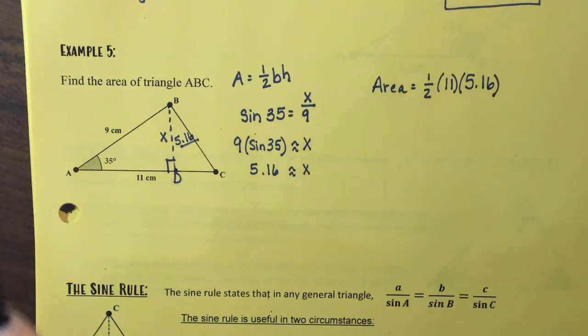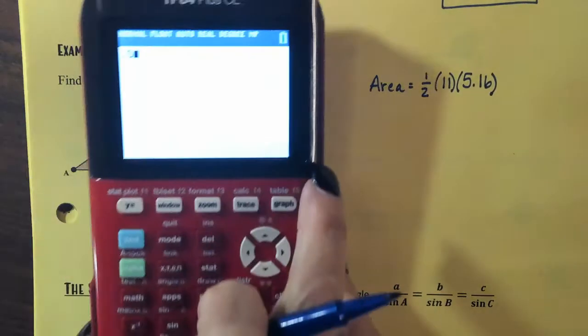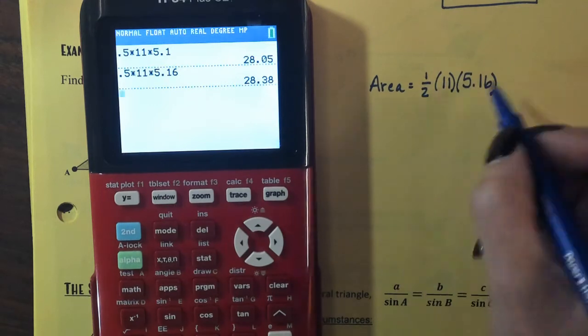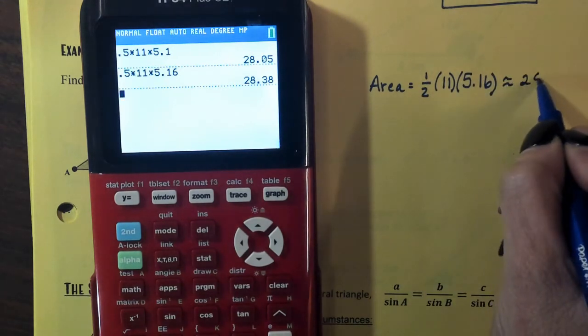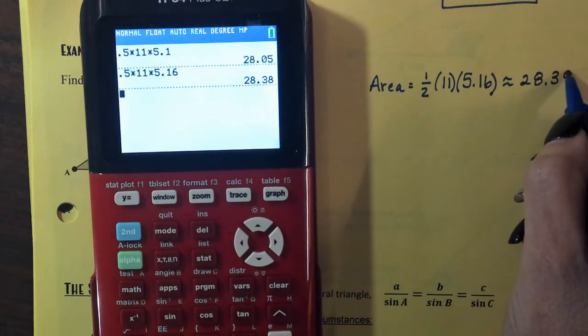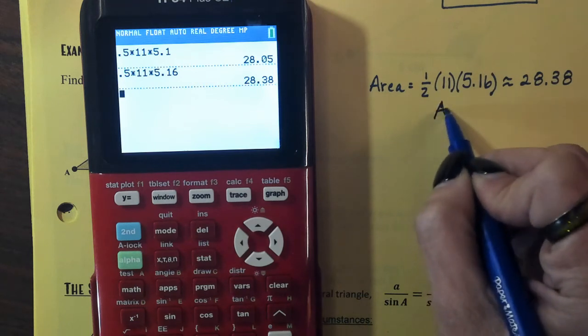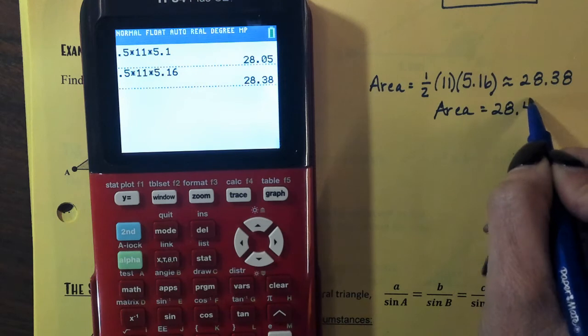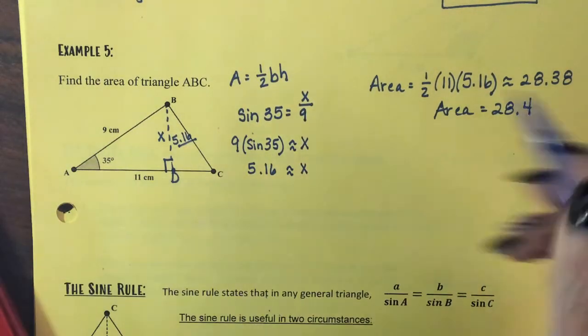I'm going to clear that out. 0.5 times 11 times 5.16. I got 28.38 for the area, equals, I'm going to say 28.4, and it was centimeters squared.